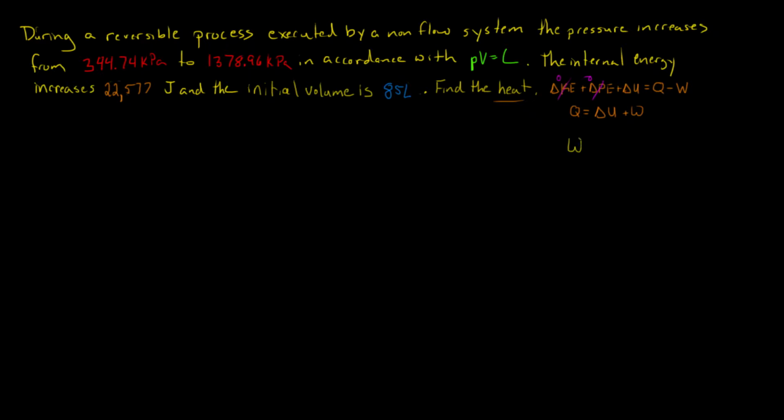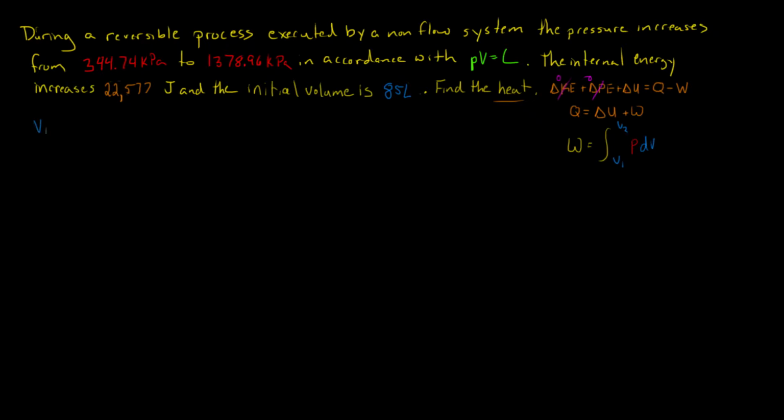We know that our work done by the system is going to be the integral from V2 to V1 of P with respect to our volume, dV. Now, we need to figure out what V2 is, what V1 is, and a formula for P. So let's start with what's given.